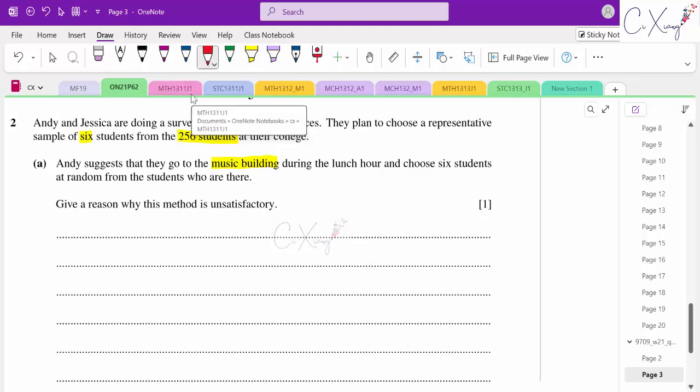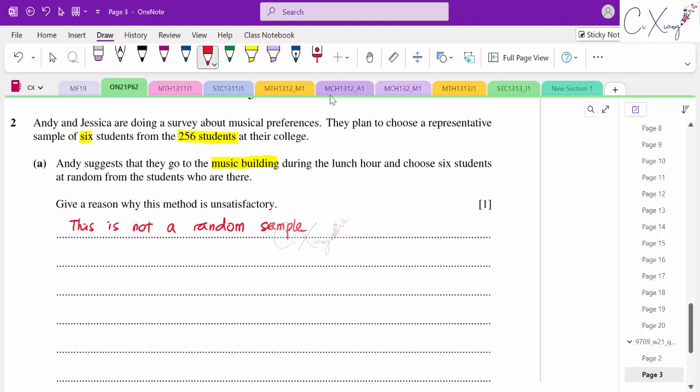The standard answer should be that it is not a random sample, but you need to maybe explain a bit why it is not a random sample. Okay, so I will write it like this. This is not a random sample. Okay, maybe we should think in this way. What is the keyword that tells you it does not belong to a random sample?